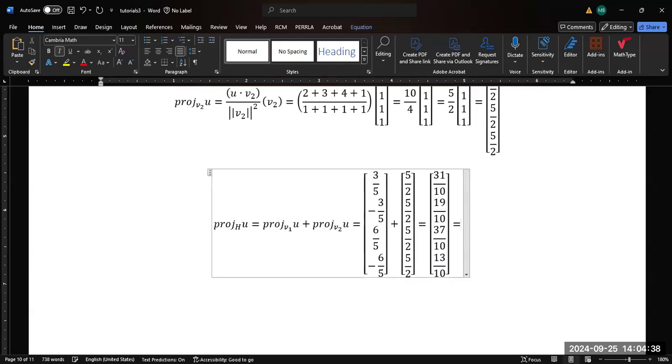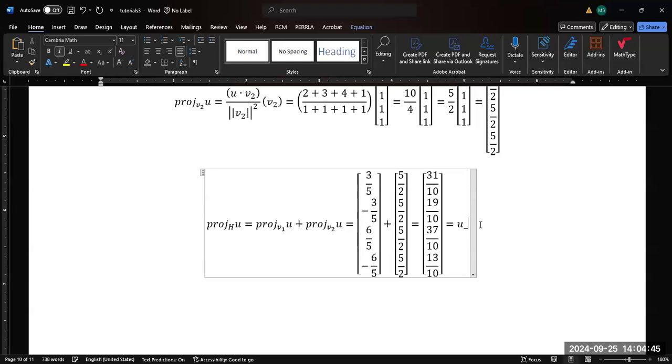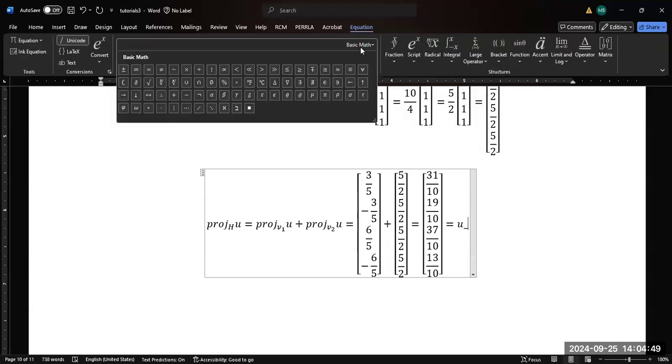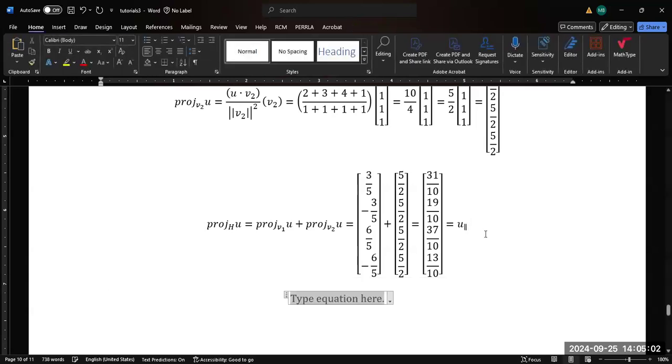I sometimes notate this to help me keep track of the notation as U with a subscript that is a parallel marker. And the reason that I do that is because this reminds me that this is a vector which is in the subspace.